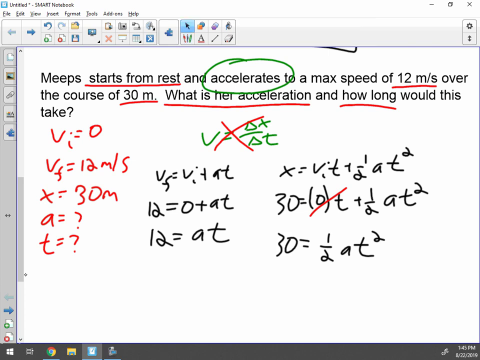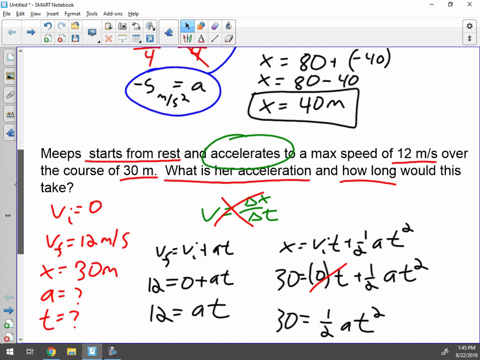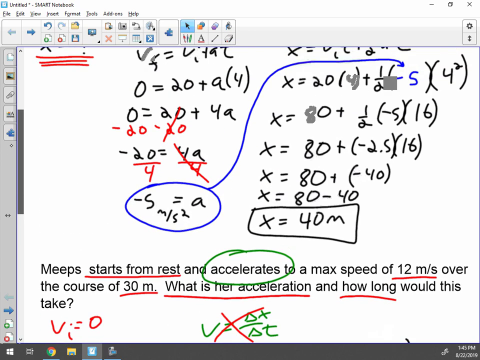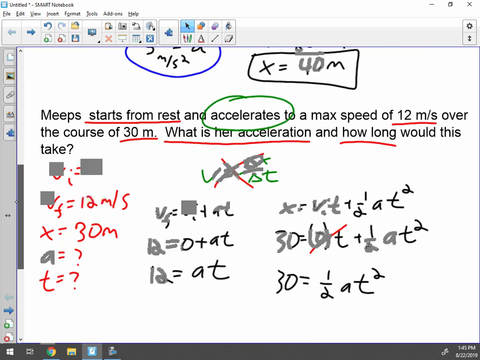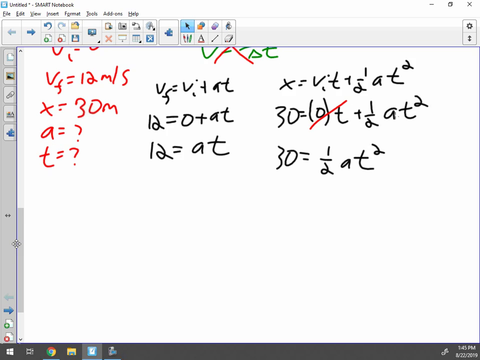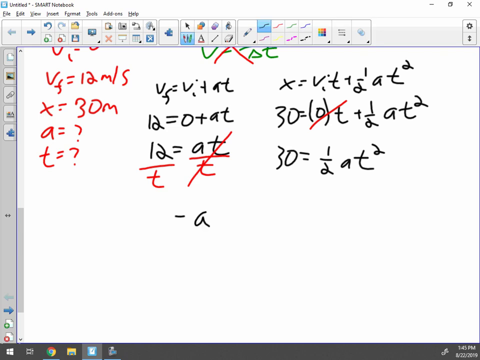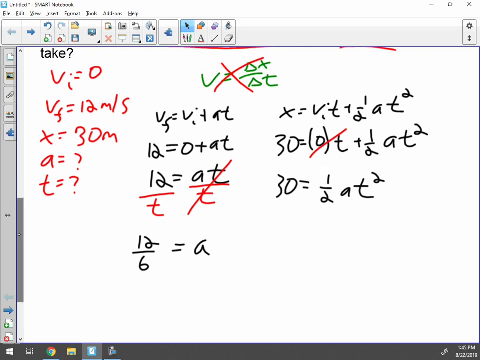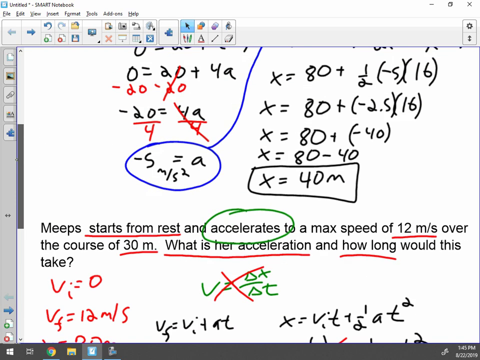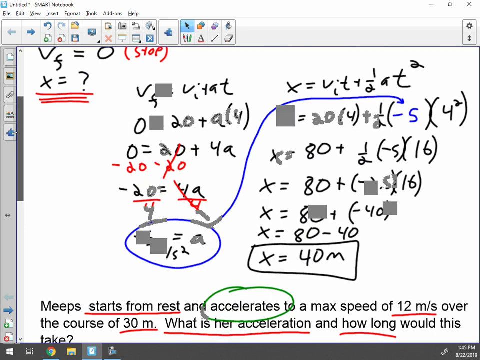In order to solve this, I'm going to do the same thing that I did up here. I'm going to solve for a variable and plug it in. So here, I'm going to solve for a. I'm going to divide both sides by t. In the previous problem, I solved for a, and I plugged a into the x equation.